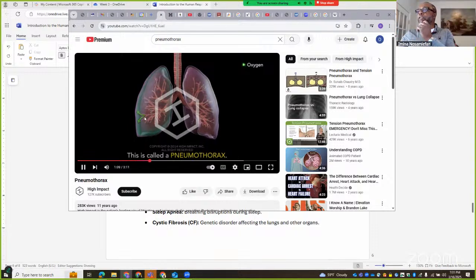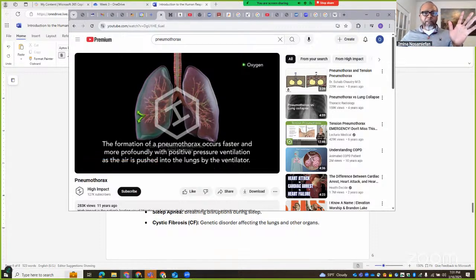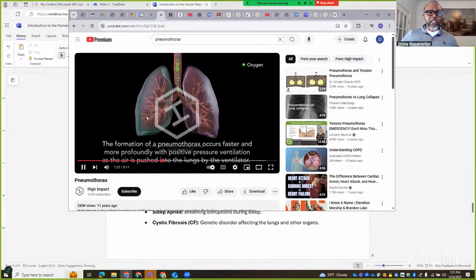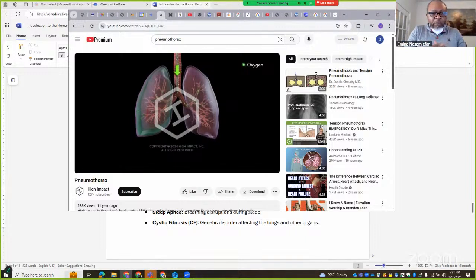But the only problem is that when the air escapes from the lungs, in the case of your car tire, it goes out into the air, but the lung is inside. So when the air comes out, the air comes into the space outside the lung, so that it then presses on the lung. As you are breathing, more air is coming in and then pressing on the lungs. So that's what causes the lung to collapse.